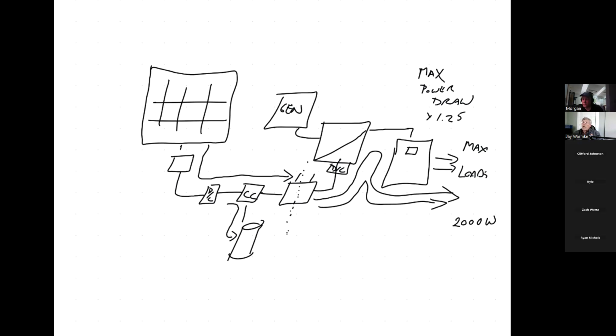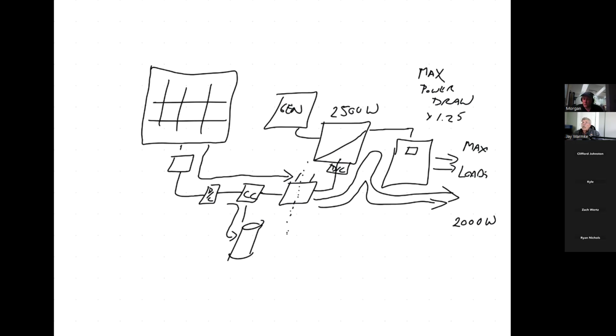So if all the different loads add up to 2,000 watts of instantaneous power requirement, I'd probably pick a 2,500 watt inverter. If none of these loads were motors, that would be for sure.